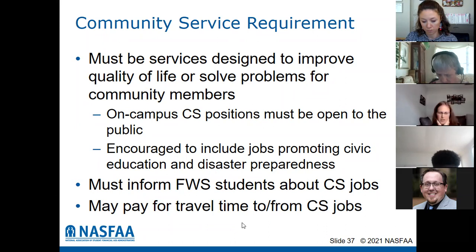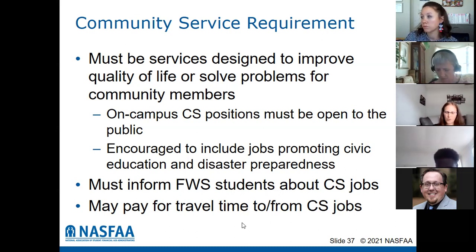This means that the services must be publicized to the community and that the general public uses the services. The school itself cannot be considered the community for this purpose. In identifying federal work study community service jobs, a school is expected to consult with local nonprofit, governmental, and community-based organizations.